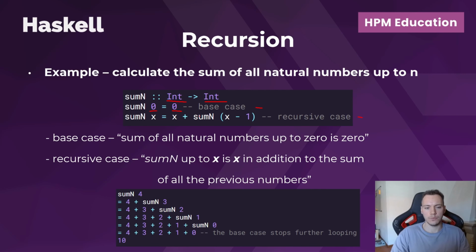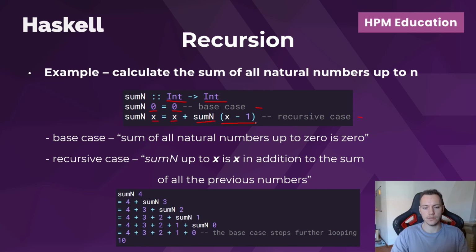For any other number, and if we are talking about natural numbers, that will be any number greater than 0. So x will match any number greater than 0 here. We can define what the sum of all natural numbers up to that number is by saying it's that number plus the sum of all natural numbers up to that number minus 1, right?